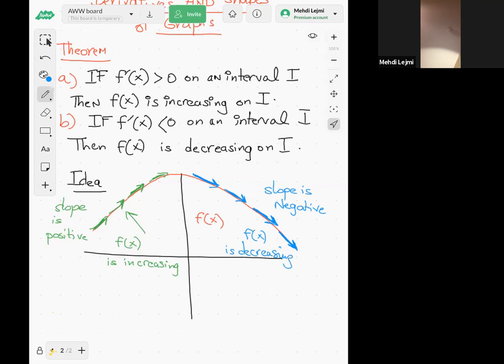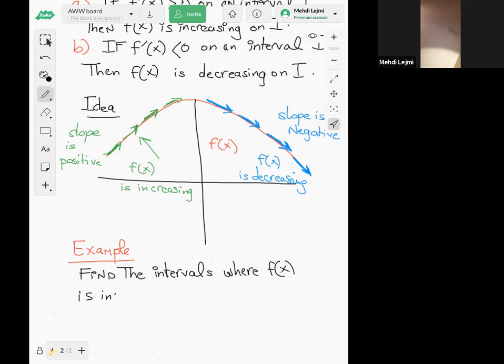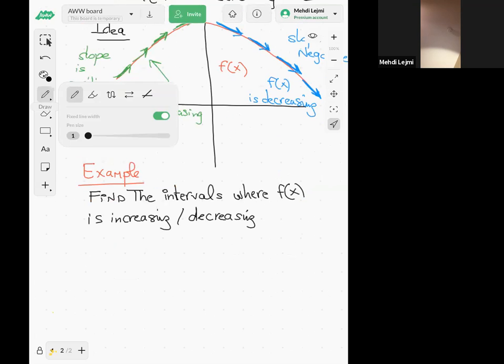So for example, let's say you want to find the intervals where f of x is increasing or decreasing.